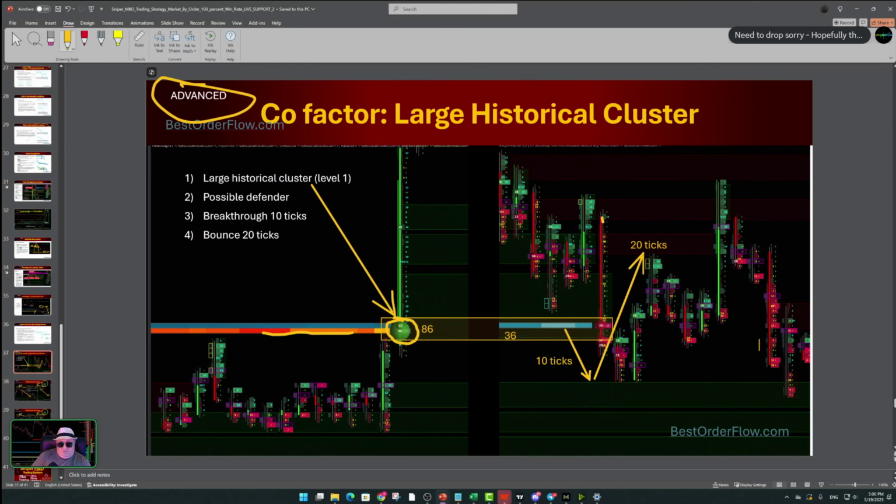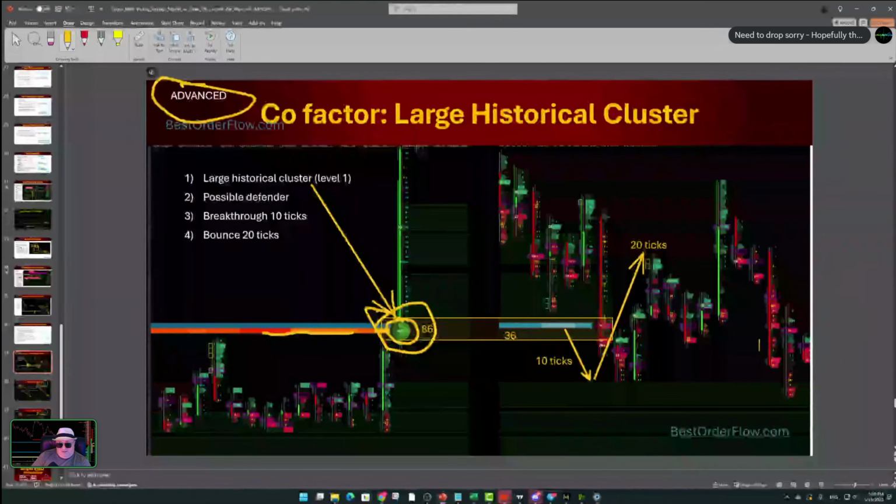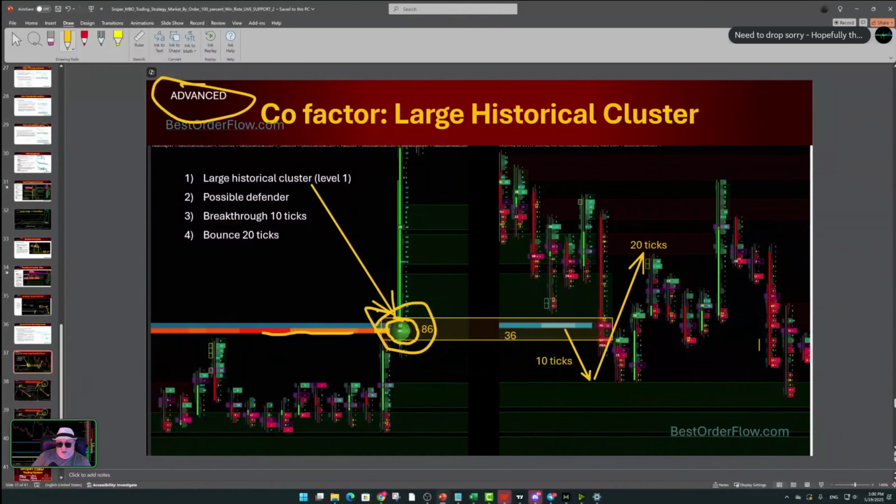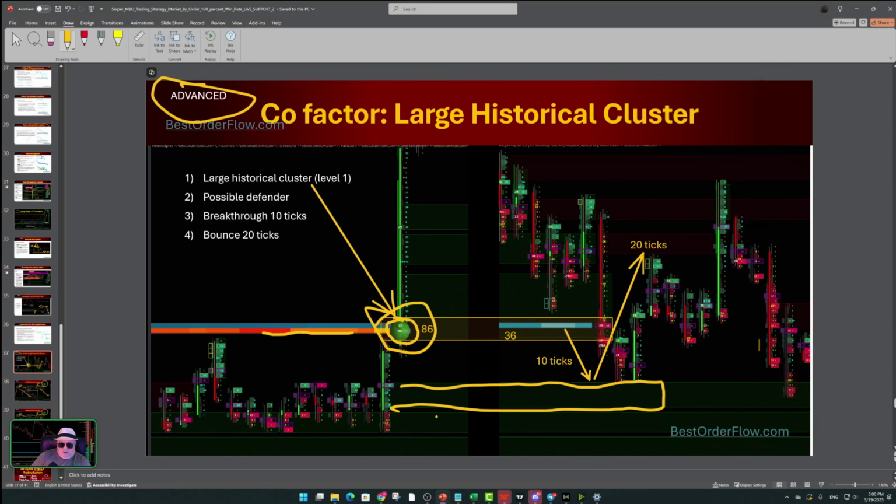This is the cofactor. Sometimes it can be a factor, sometimes it's not. There may be more than one. You also see this on a footprint. These green zones are the imbalance. It is a stacked imbalance. This is one stacked imbalance, and this is another.